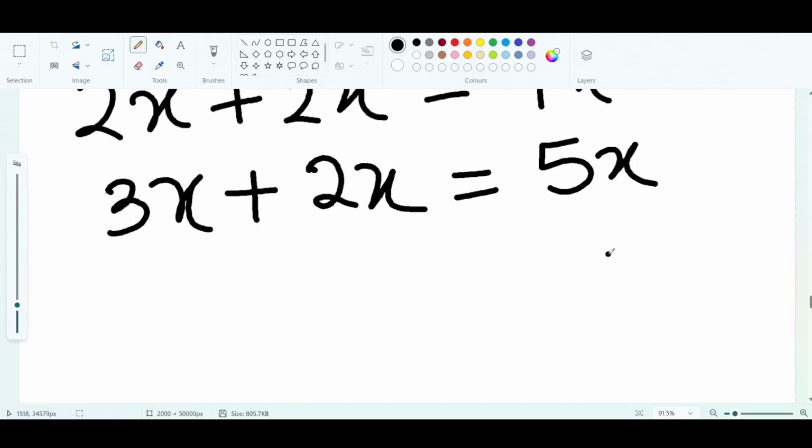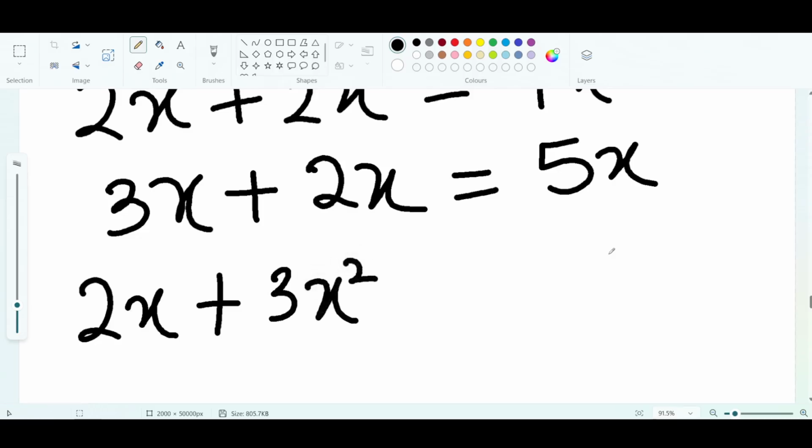So it will not be possible for us to see 2x plus 3x squared and we say we want to add them together. So these two cannot be added together because the power of this one is 1 and the power of this one is 2.